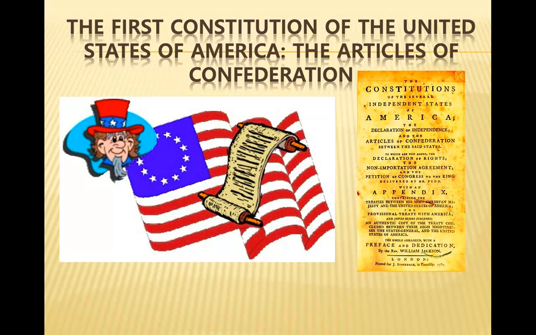How are we going to set up our United States of America, these independent states that are going to still act like one nation? So we sent delegates to the very first Constitutional Convention in Philadelphia, and they came up with the Articles of Confederation, and that essentially established our first Constitution of our United States.